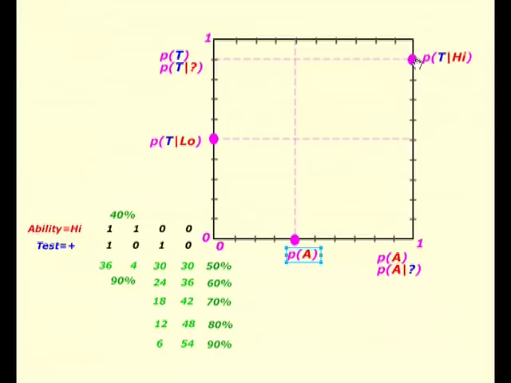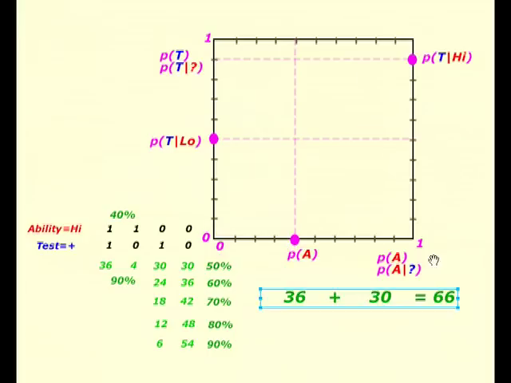The reason I want to do that is we're going to take probability weighted averages of those numbers, 0.9 and 0.5, okay, which are going to lie along a straight line. So I just want to get a benchmark here of a probability of 0.5, which is your chance if you have low ability of getting a good test result, and the probability of 0.9, which is your chance of a good test result given you've got high ability.